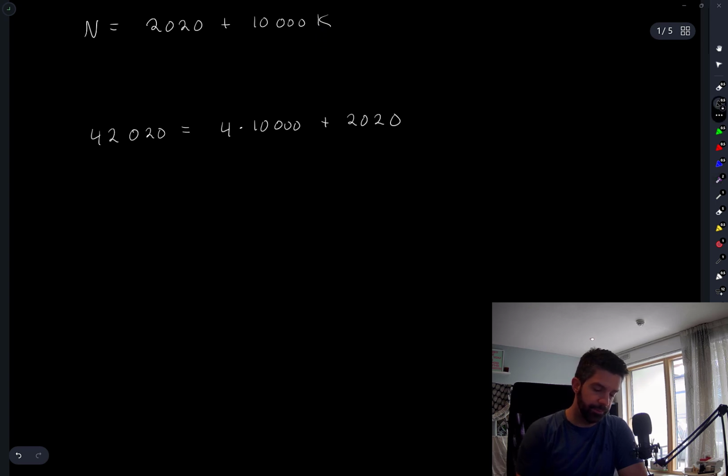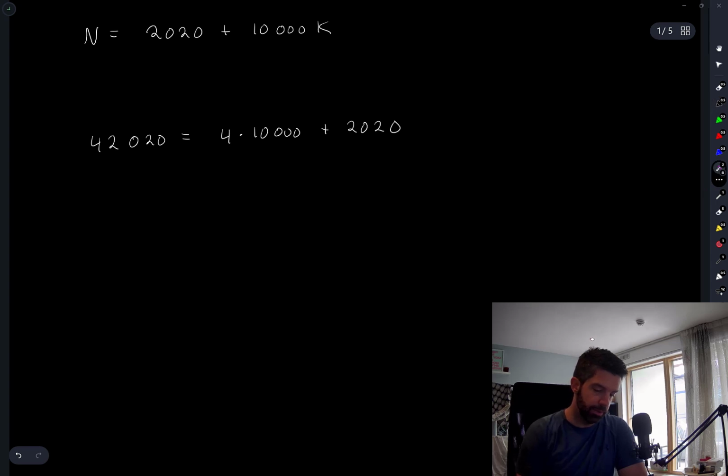What I want then is, when I remove the 2020 from the number, the result divides the entire number. So K would have to be a divisor of the whole thing. Ooh, that makes things a little weird.